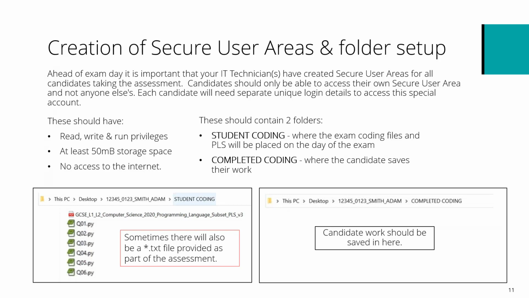We don't want that to jeopardize them being marked. So get them to practice putting stuff in the completed coding folder. Work with your students to decide on how you want to arrange it. Talk to us if you have any concerns. The only thing that we want is that the students are successful and that we don't jeopardize the integrity of the assessment. So keep talking to us.